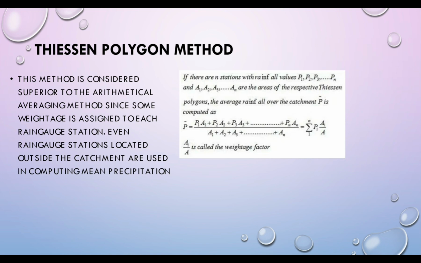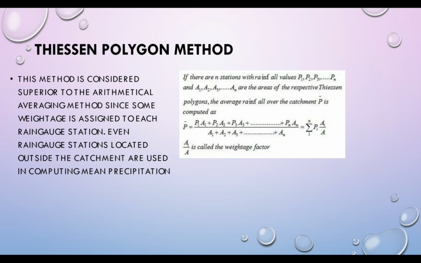Let there be 3 stations outside the catchment, but in the neighborhood. The catchment area is drawn to scale and the positions of these 6 stations are plotted on it. These 6 stations are joined so as to get a network of triangles. Perpendicular bisectors are drawn to each of the sides of these triangles. These bisectors form a polygon around each station.